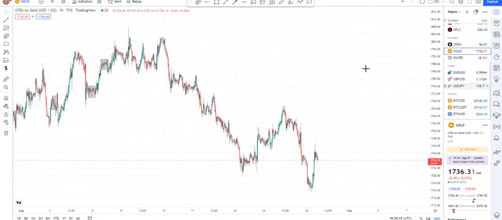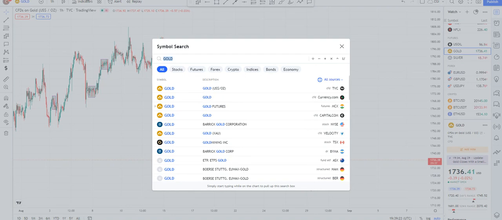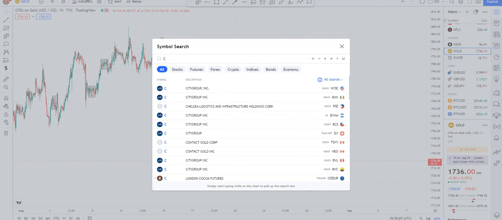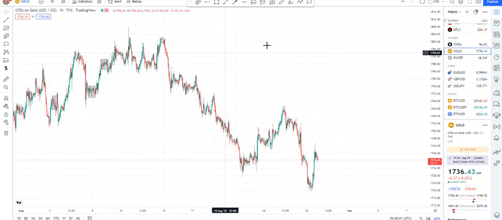Okay, let me just look at Forex pairs. Okay, why don't you look at Euro Swiss franc? Euro Swiss franc. Okay.